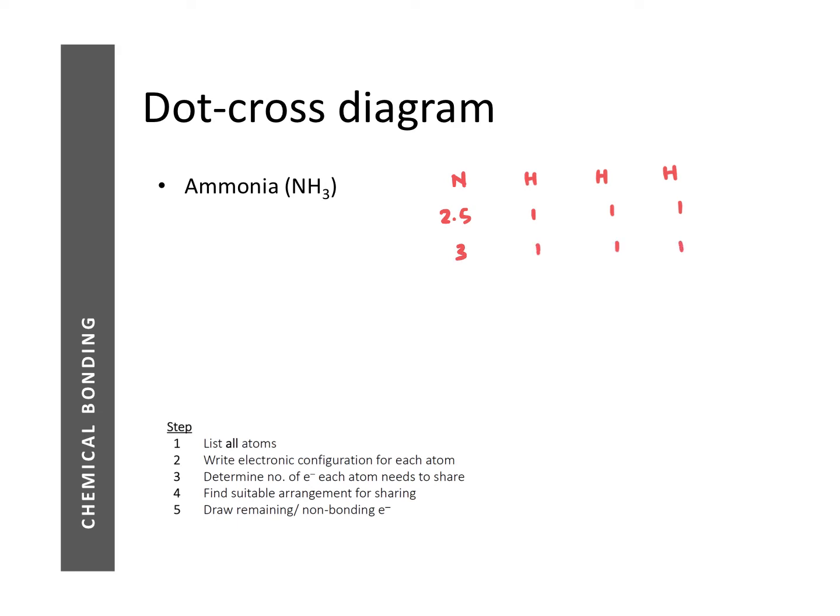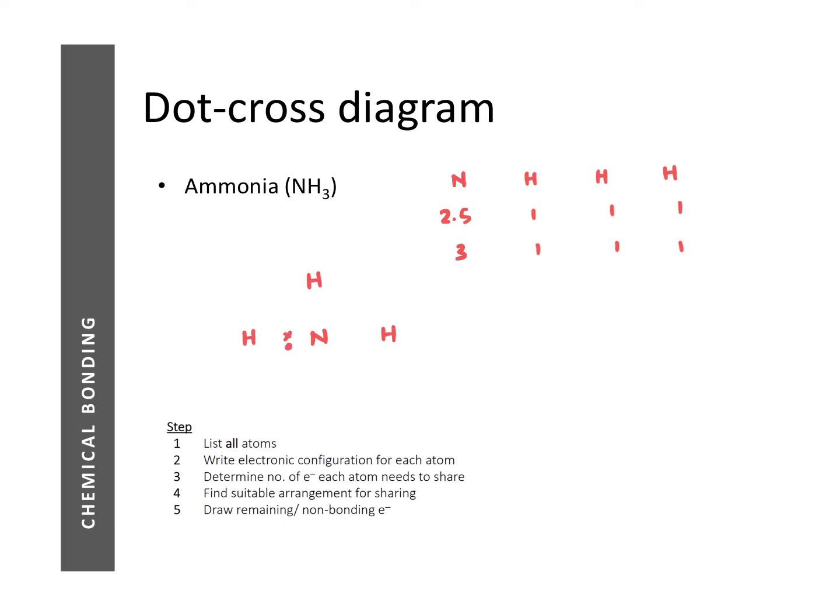Step number 4 is to find a suitable arrangement for sharing such that it meets the sharing requirements which we have just found out. So the tip is always to place the atom that needs to share the most in the middle. So in this case, we put nitrogen in the middle and it's surrounded by 3 hydrogens.